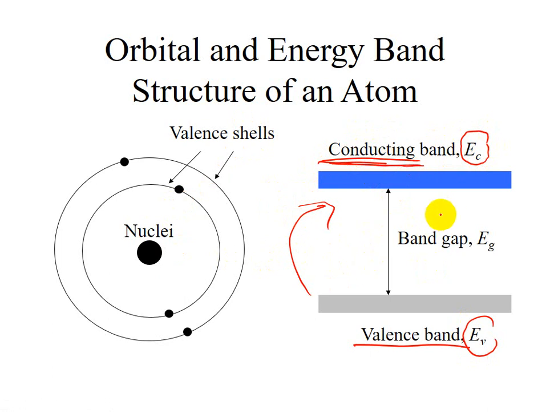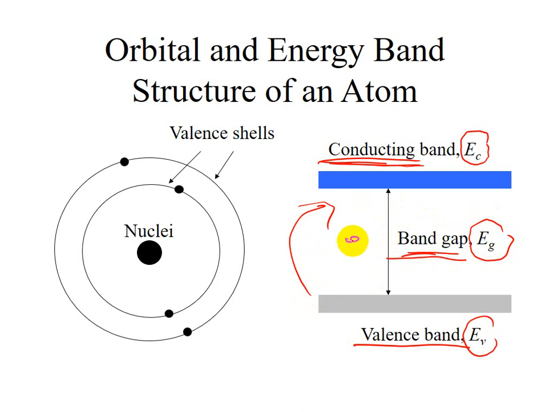In between the valence band and conduction band is called the energy gap, EG. This is a forbidden area. No electron is allowed in this forbidden gap. No energy level, no electron.